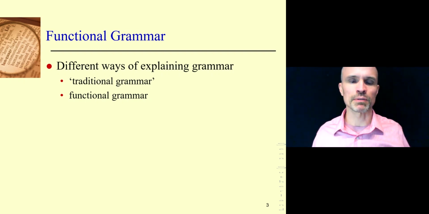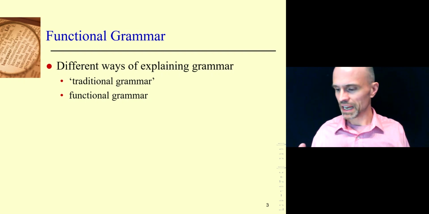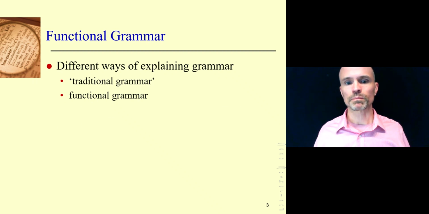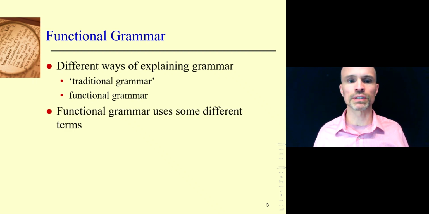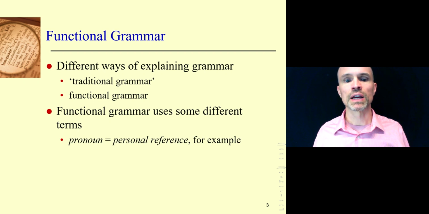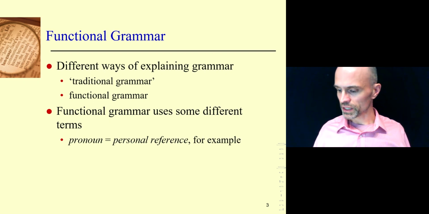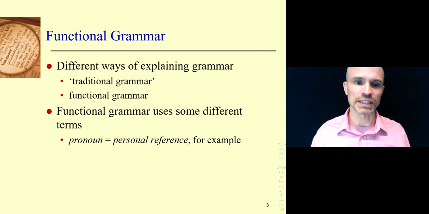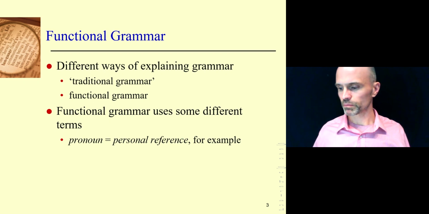It has various names, but you'll always have that functional in there, functional grammar. Some of the terms used in functional grammar are different, right? In traditional grammar, I, you, he, she might be called a pronoun. In functional grammar, those words I, you, he, she would be called personal references.